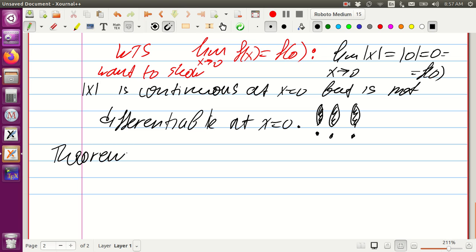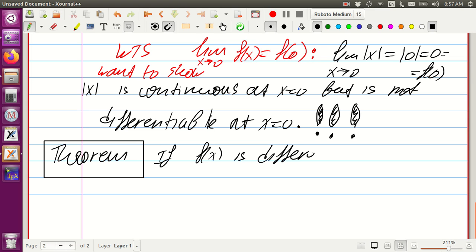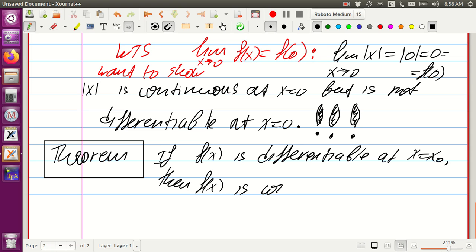The theorem says that if f of x is differentiable at x equal to x sub 0, then f of x is continuous at x equal to x sub 0.